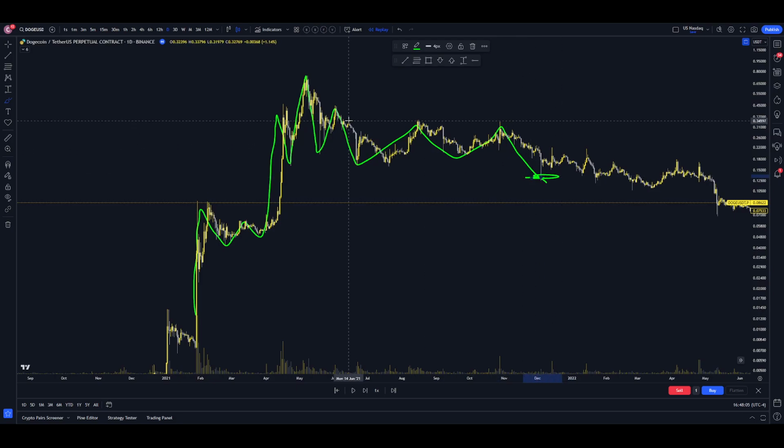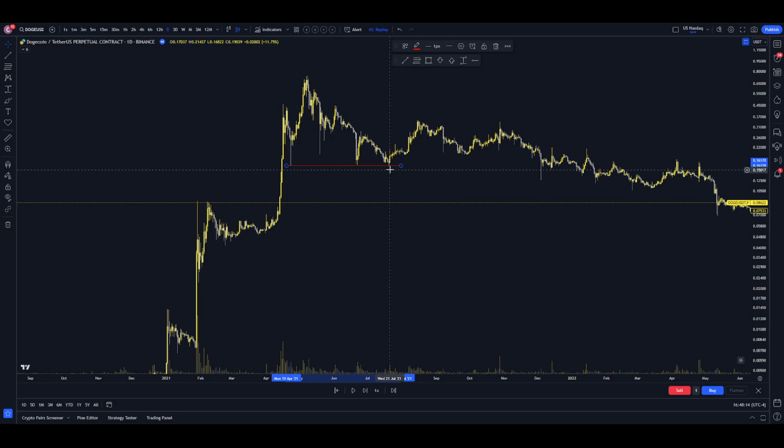Okay, you could argue here we had a lower high, lower low pattern, but you could also argue that just barely this was still technically a higher low.